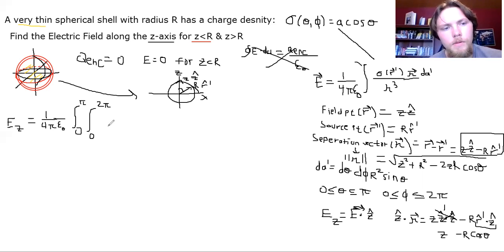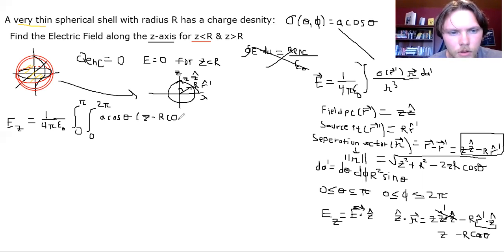We know sigma is just a cosine theta, and that separation vector just turned into z minus r cosine theta.